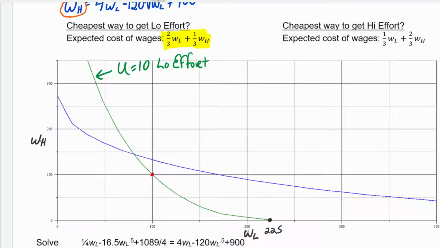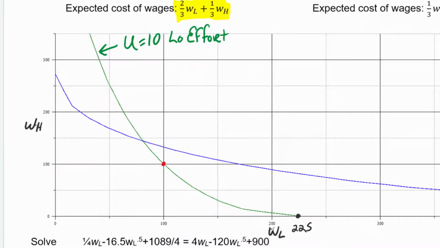Now, another way to see that this red point is the point that minimizes this is, let's think about this as if we were talking about a production theory problem, and we had two inputs, WL and WH. What if we were to draw an ISO cost? An ISO cost just shows all the points that cost the same amount, and what we want to do is minimize that ISO cost.